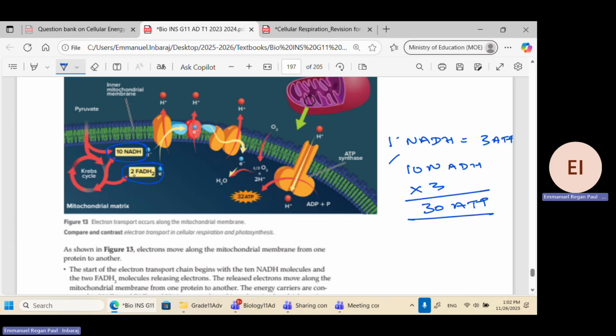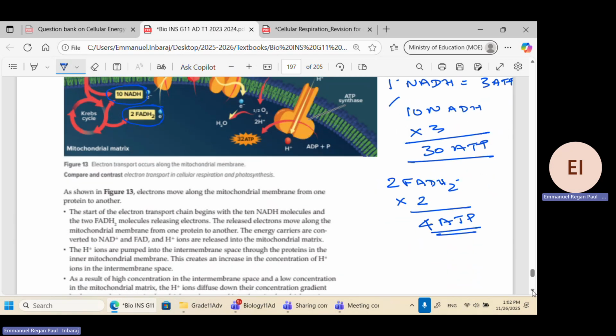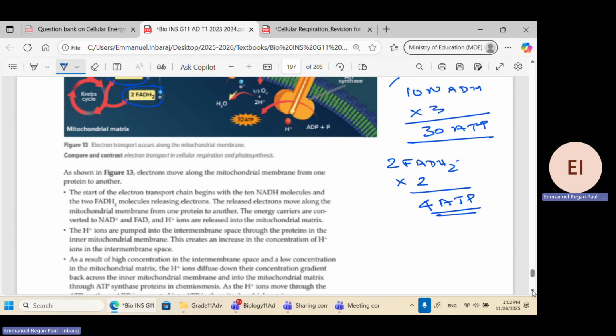In the same way, for 2 FADH2, 1 FADH2 gives you 2 ATP, so 2 FADH2 will give you 2 times 2, that is 4 ATP. This is what should happen. Now come back here.